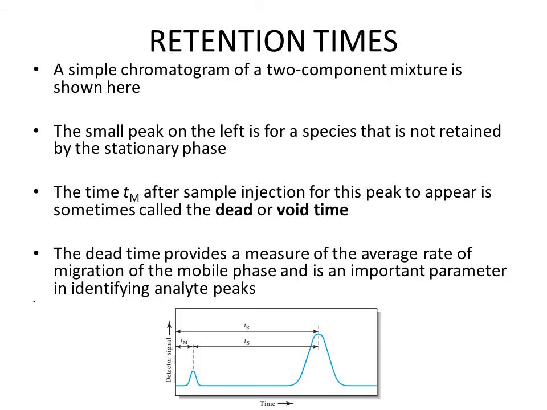Another parameter used in chromatography is the retention time. A simple chromatogram of a two-component mixture is shown here. It is a two-component mixture, which is obvious from the two peaks, this one and this one. The small peak on the left is for a species that is not retained by the stationary phase.